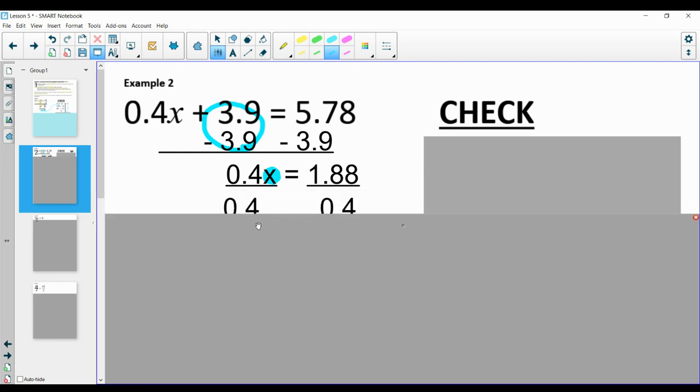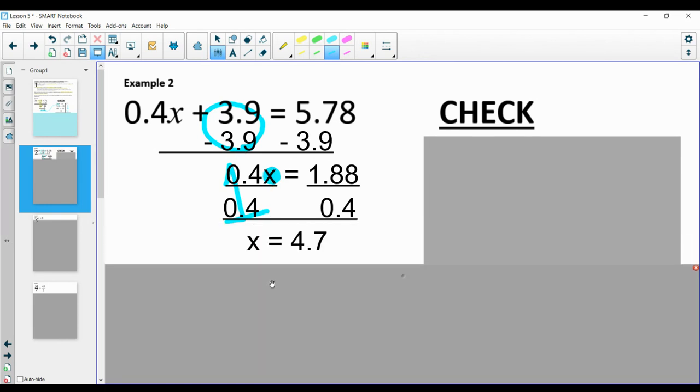And if I divide the left by 0.4, I have to divide the right side by 0.4. Remember that these two numbers here will cross out because they're equal to 1. So I now am left with x equals, and you use your calculator here, 1.88 divided by 0.4, you get 4.7. So this right here, x equals 4.7, is our solution.